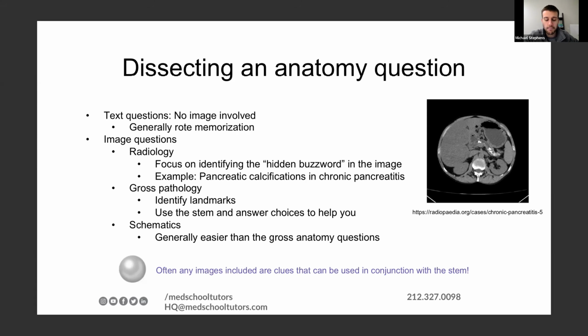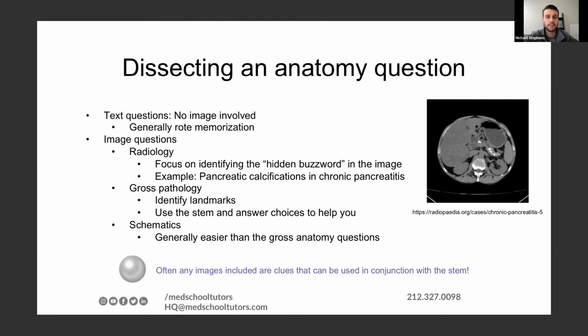If you're ever given an image, they're often included as a clue to a differential diagnosis that you're already generating from the vignette. They're going to have buzzwords that help tip you off to a specific diagnosis that you can use the image to help confirm a suspicion for.